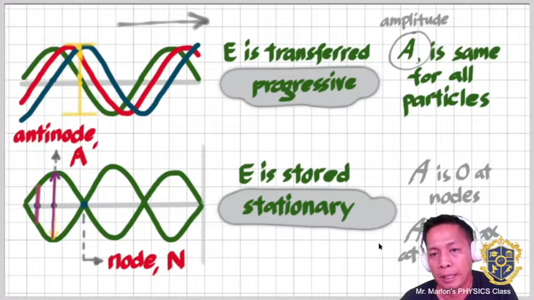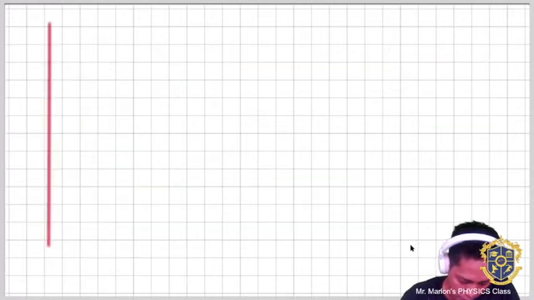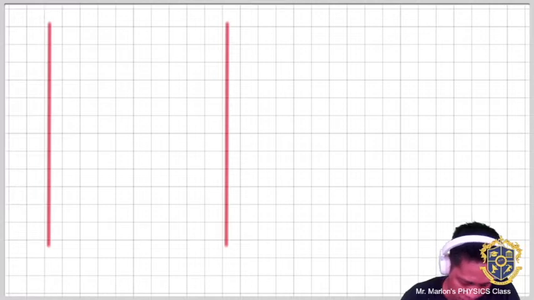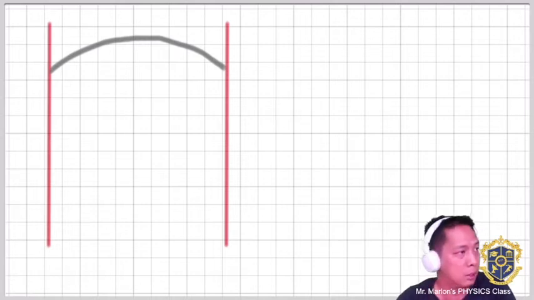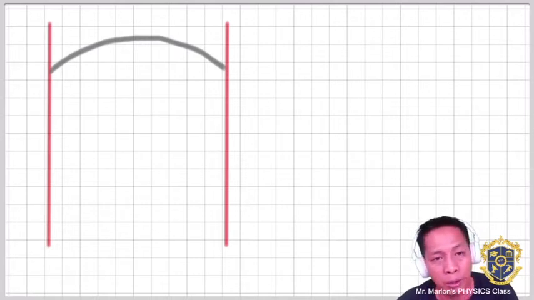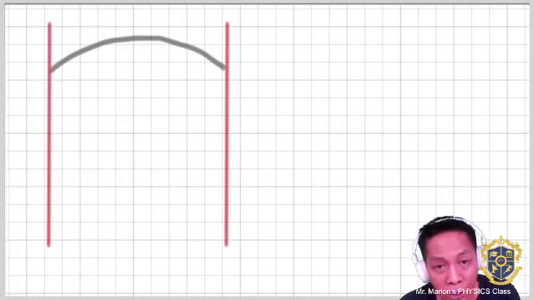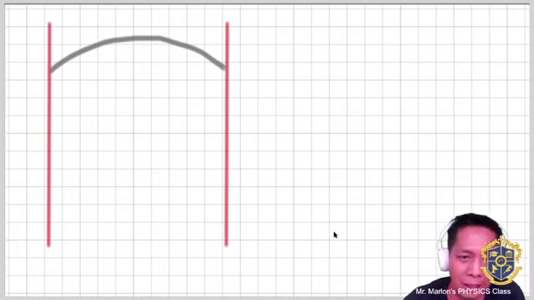Alright, imagine we have 2 barriers here, and let's say we have a wave like that. You cannot do this every time you create a wave. There is some specific frequency that you can get a wave that looks like this.